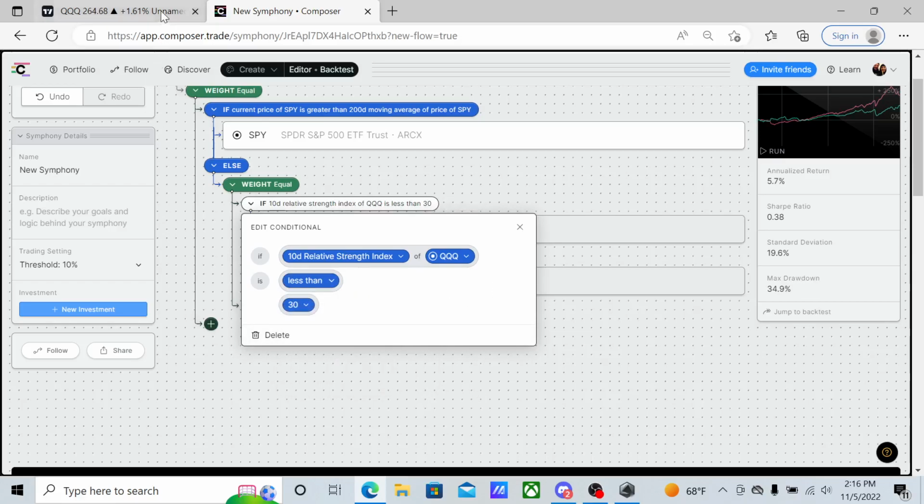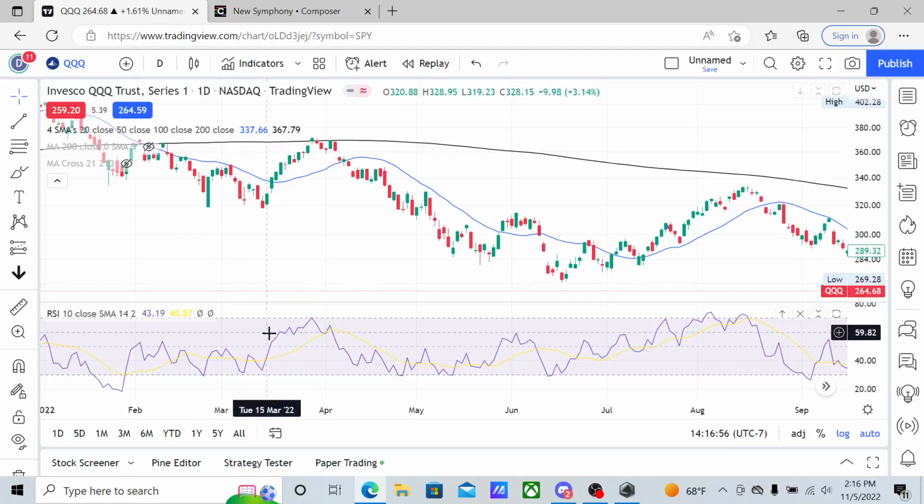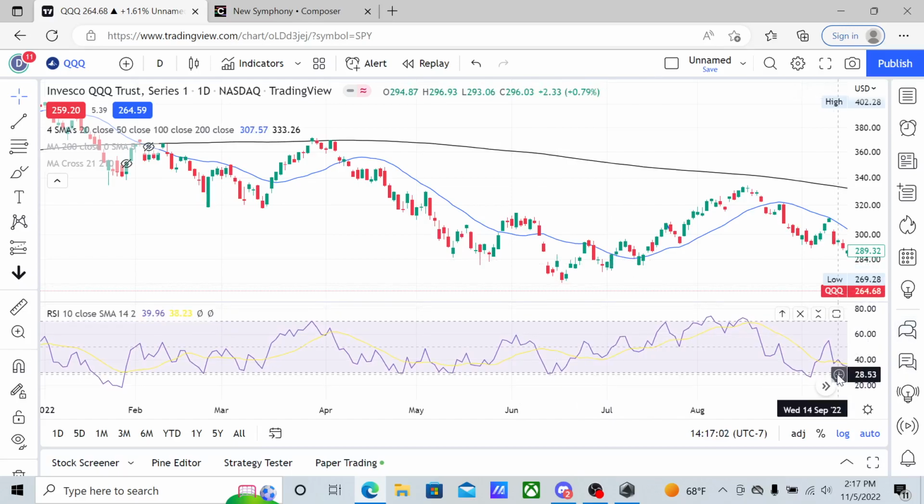And if you look, the reason why we say 30 is because that's generally the range of how RSI is calculated. If you look over here on the right hand side of the screen, the lower boundary line is set to 30 and the upper boundary is set to 70. So if a stock or an ETF or whatever is above 70, it's considered overbought, meaning the market's really frothy.